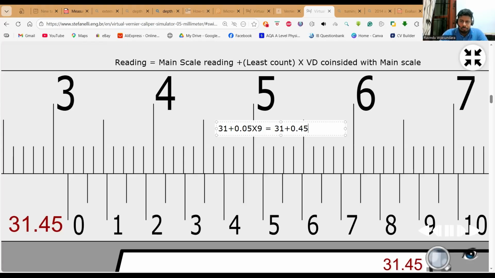That is equal to 31.45 millimeters. Right? So this is the reading of the vernier caliper. It is actually matching with the given value also, 31.45. Right? This is how you read the vernier caliper. Hope this is understood clearly.